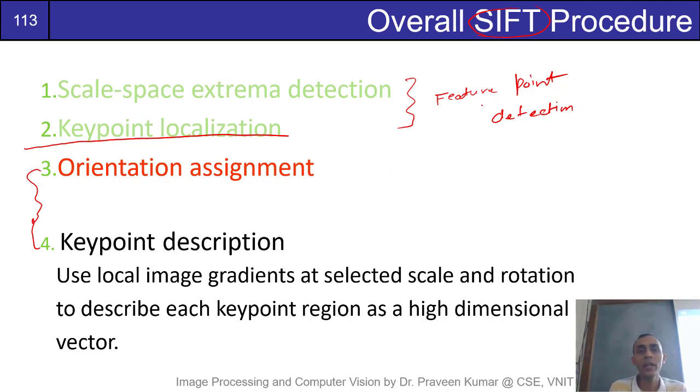For feature point detection, the first step was scale space extrema detection. What was this step meant for? What do you mean by scale space extrema detection? What do you mean by scale space?